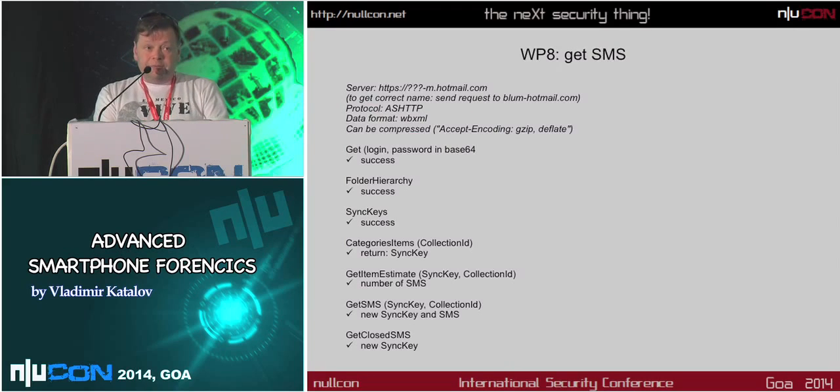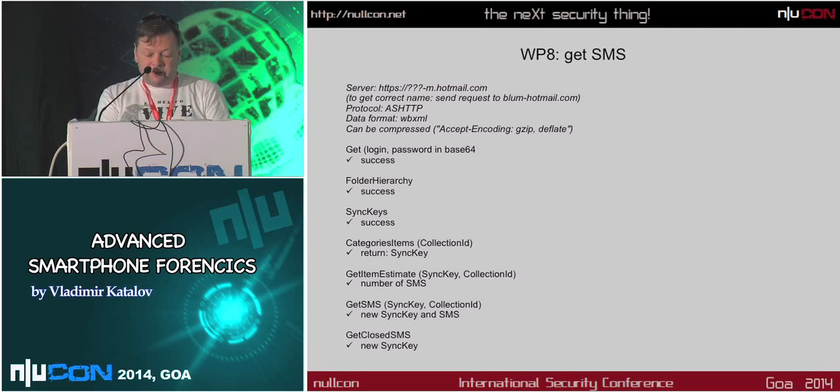The only difference is that to retrieve SMS messages, there is something else. There are 1 or 2 extra steps you have to perform. After making the folder hierarchy and sync key commands, the same as for notes and so on, we send the categories items command and then get items estimate to get the number of SMS.